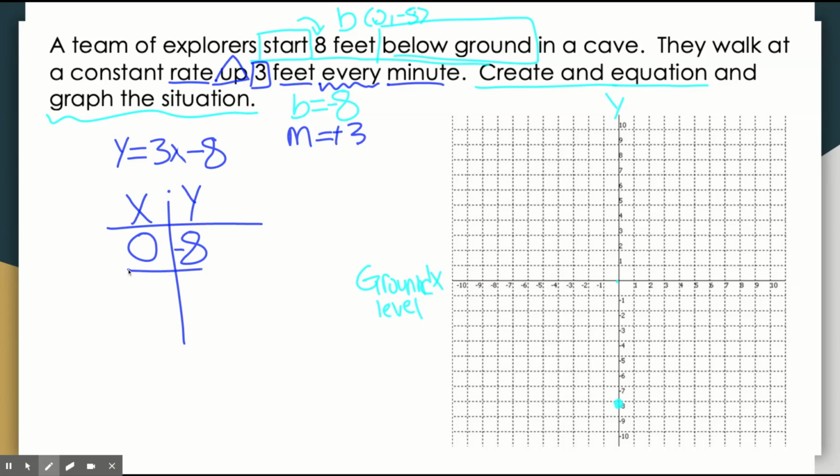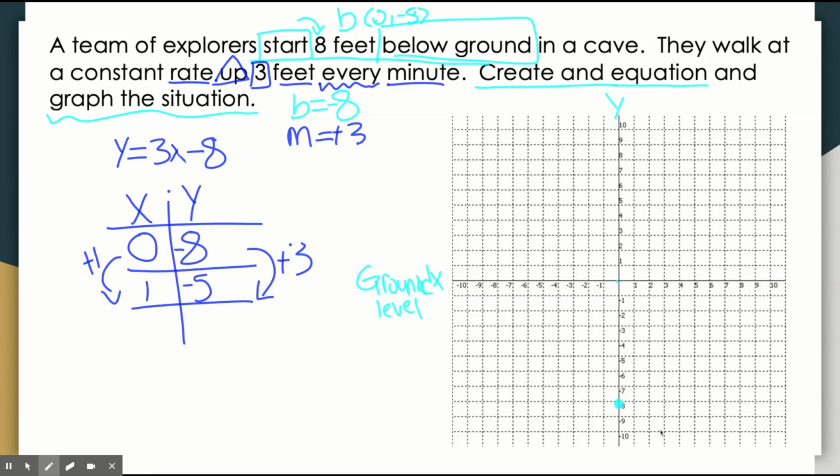When we make our table, (0, -8) is going to be our first point that we're using. After that, remember what my graph tells me. Whenever I increase x by 1, I go up by 3 in my y. So that means my next spot is going to look like (0, -8) and (1, -5).